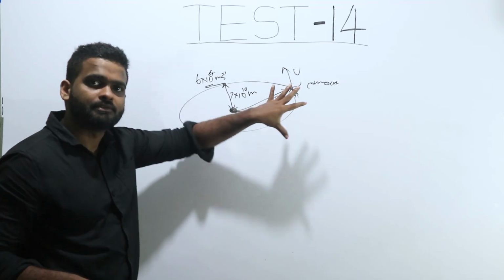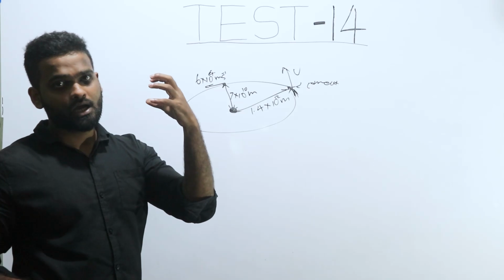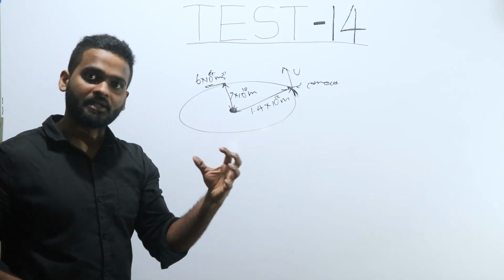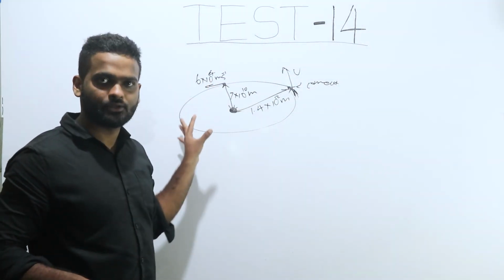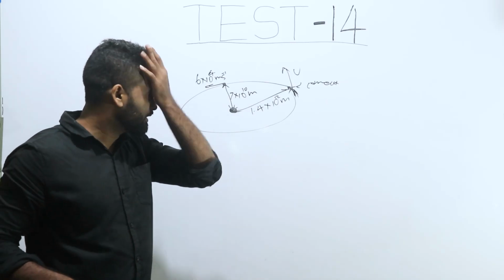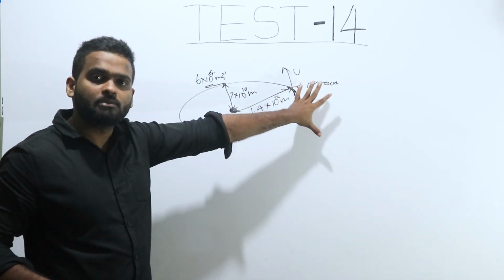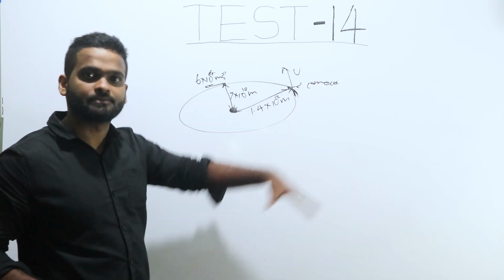For the comet, if you think about angular momentum, there is no external torque acting on the comet. It is a free object. So we can say the angular momentum of the comet is conserved.